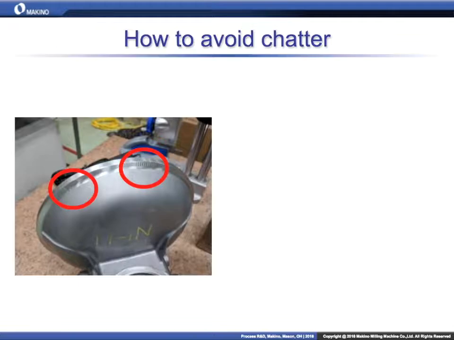So I measured the part's dynamics with the Metal Max kit to determine what spindle speeds we should be cutting at. And for this particular example, we measured it, and then we found a good spindle speed that not only gave us a good surface finish and a stable cut, but we were also able to cut at a higher RPM, so it decreased the cycle time of this part.